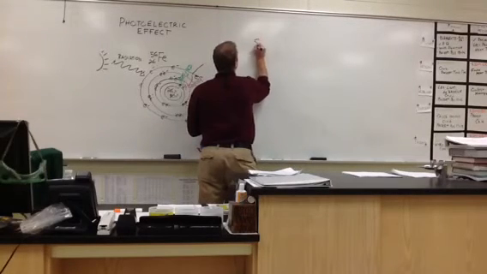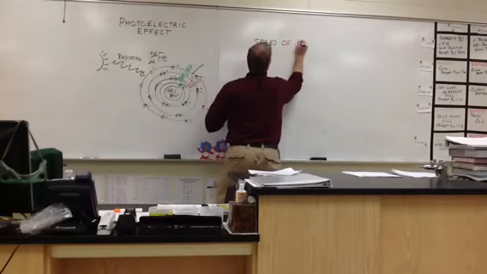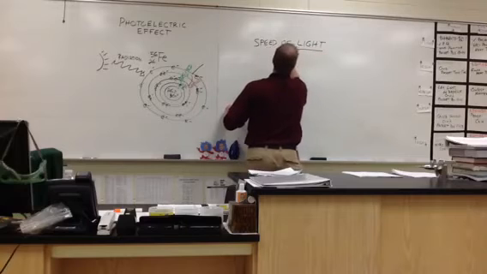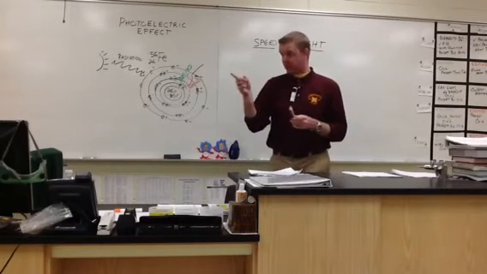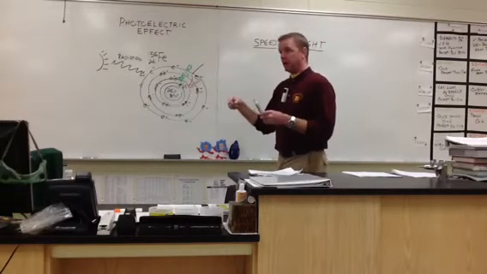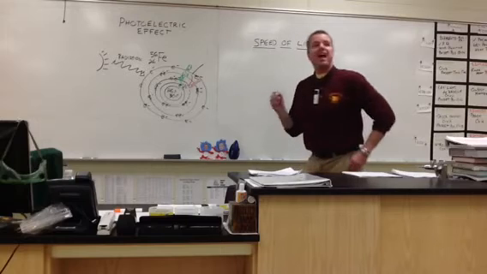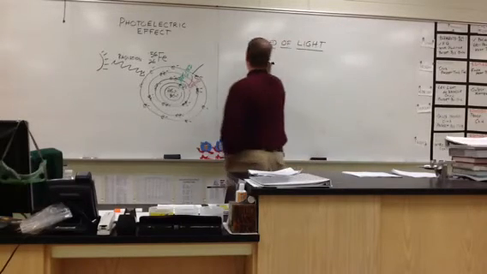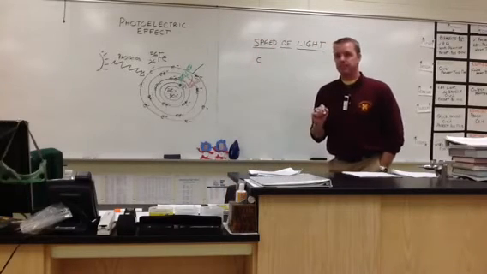All right. Now let's talk about the speed of light. Because we said, how is light getting to our eyes? How's it traveling? In what form? Waves. Those waves have a speed, don't they? And it's called the speed of light. Now, the speed of light is represented by a constant, and that constant has the letter c, lowercase c.